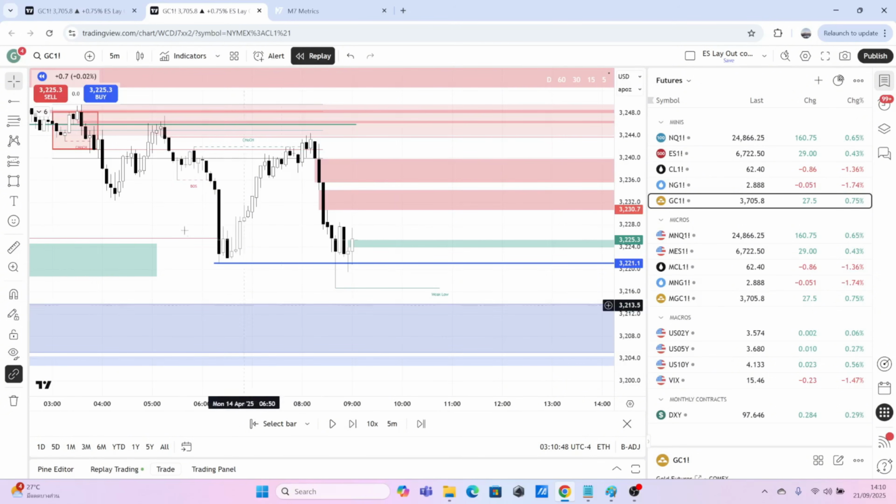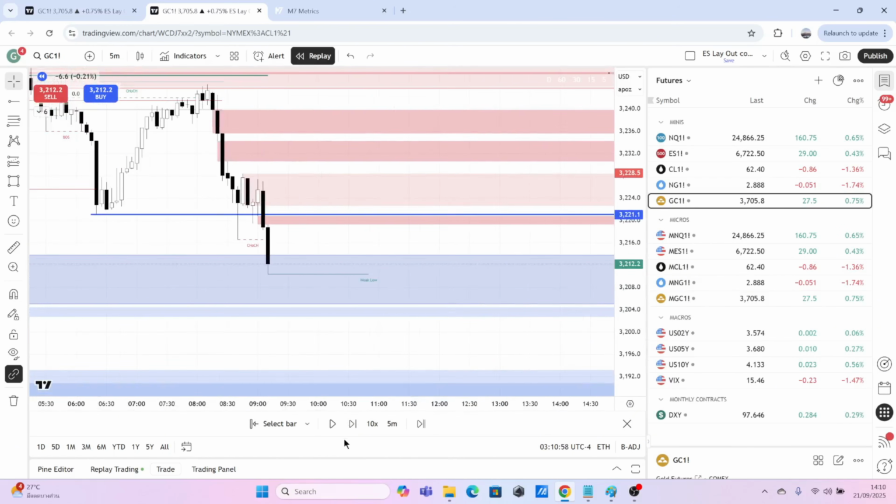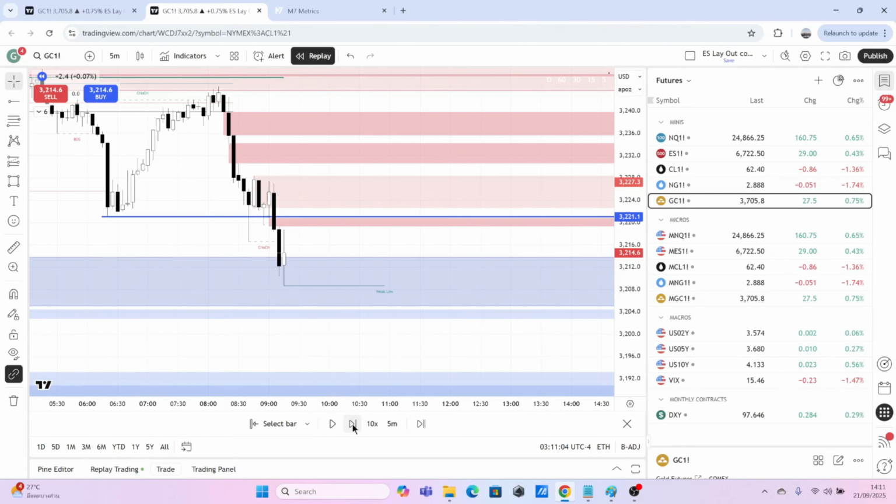Okay, so we swept the lows of London, and now we're looking for a trade in the opposite direction. Here we have our fair value gap. And so we would wait. We wait, still we wait.